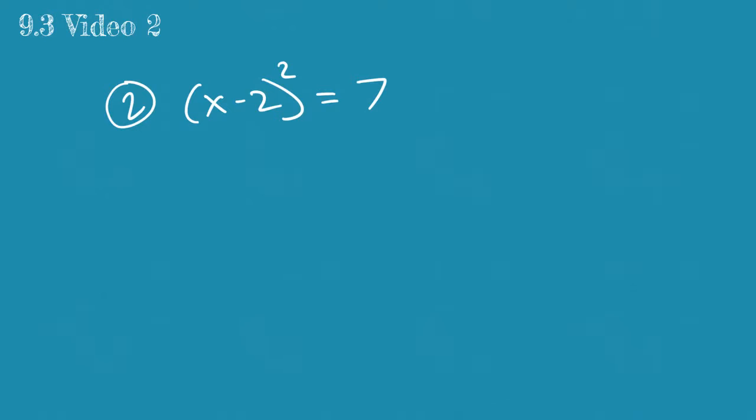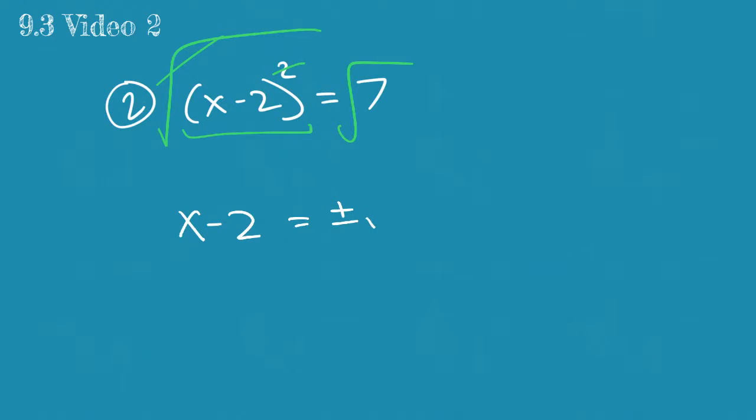For this problem, same thing, we're going to square root both sides because the parentheses squared is all by itself. The square root and the squared cancel out, and I'm left with x minus 2 equals plus or minus square root of 7.